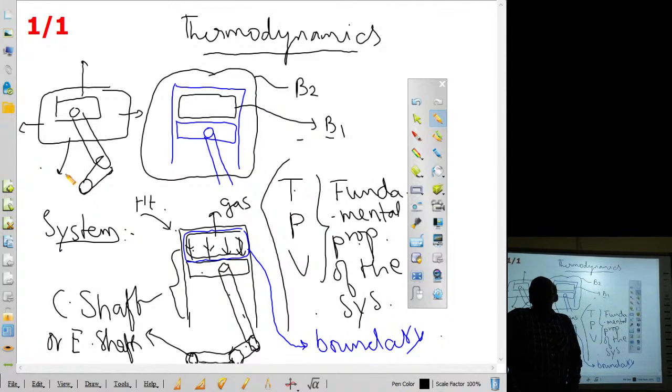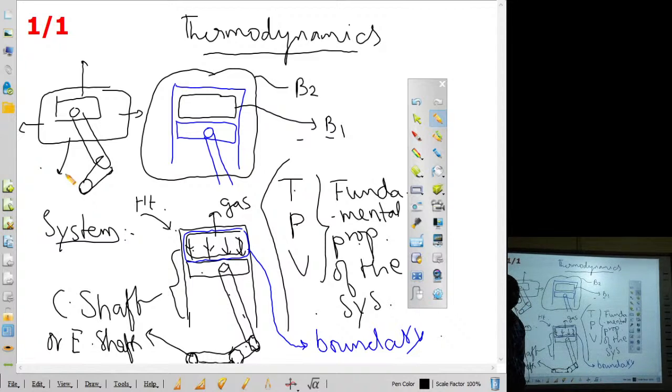If the boundary is changing, then what will happen? Just see it. Take boundary B2. The cylinder is inside the boundary. And we have to speak about the cylinder, it is a must. Say it is like this. My engine is giving good amount of work output. How? Gas is having a movement, very efficiently the movement of the gas.